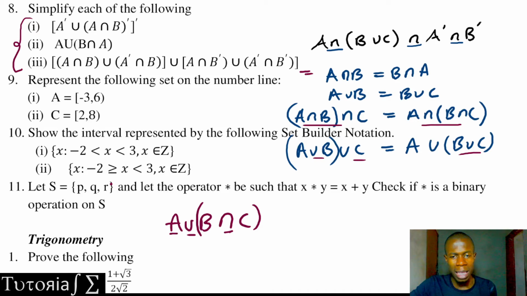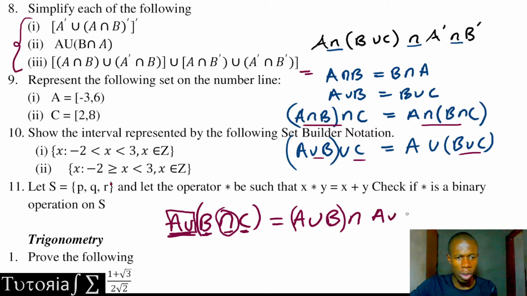So it will be A union B here, then what is here is intersection, so we put intersection like that, then A union C. So that is the distribution law.